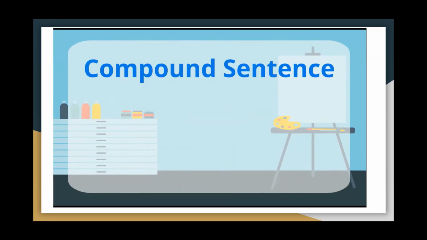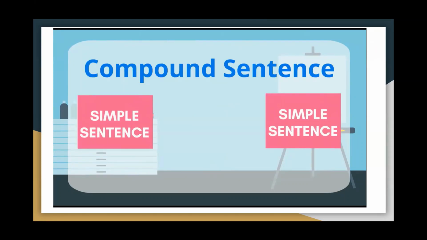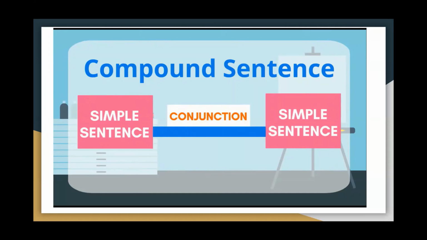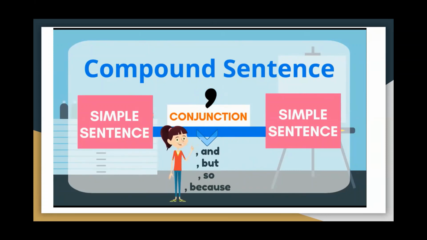A compound sentence is made when two or more simple sentences are joined together with a conjunction. A conjunction is like a bridge that connects two sentences, like and, but, so, and because. One thing you need to remember is to put a comma before the conjunction when joining two full sentences. So, let's take a look at a compound sentence, shall we?